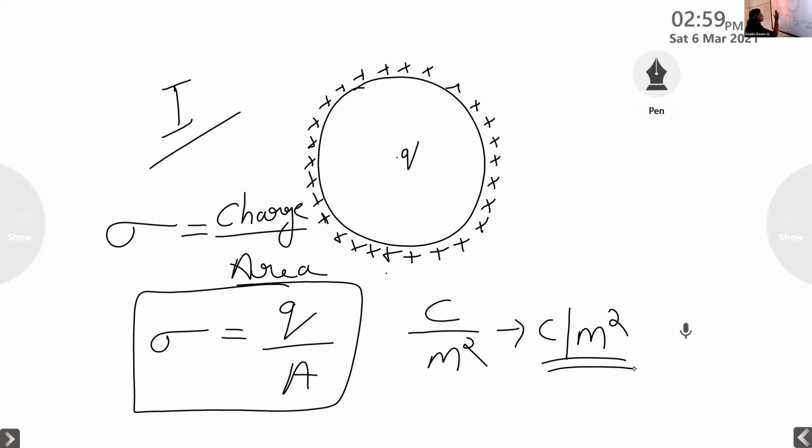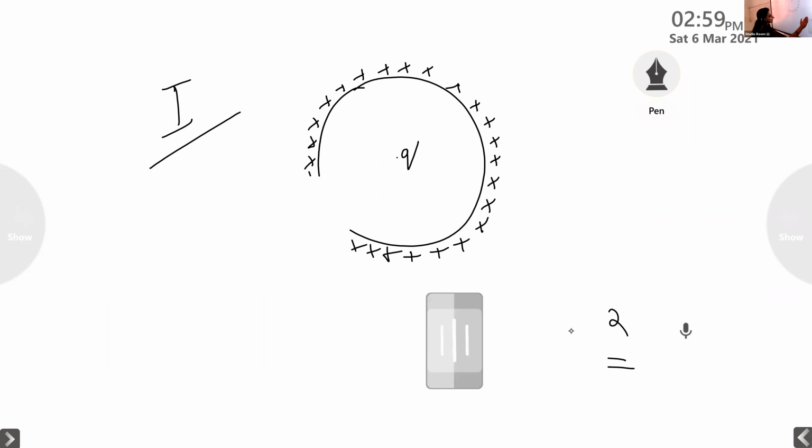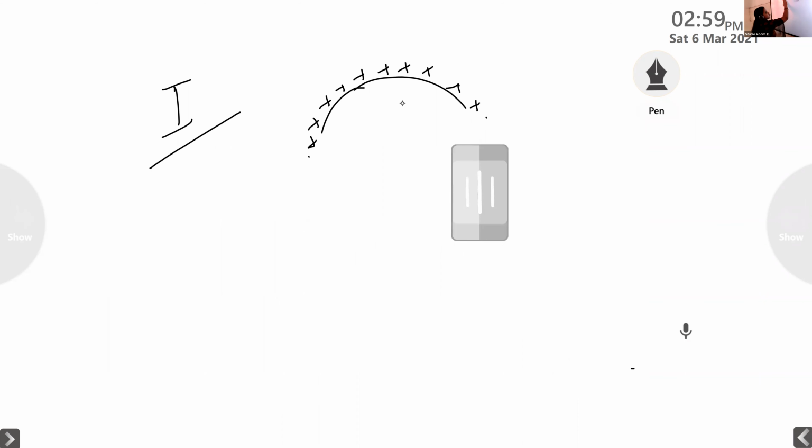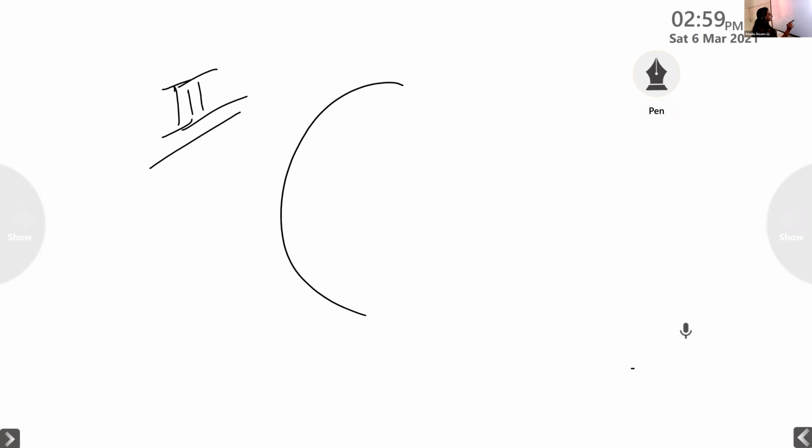One more case is there. Can I rub the second case? Yes. Okay. Now we can discuss the third case also. This is our final case, the continuous charge distribution. For this, we are considering a non-conducting surface.